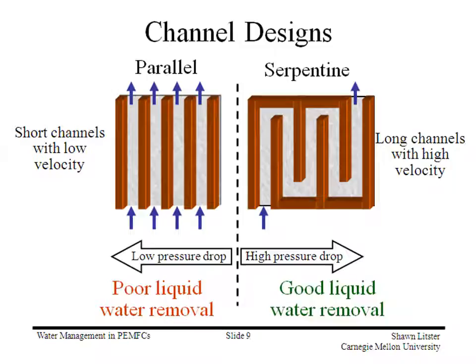In this design, that grayish color you can think of as your active area electrode, and these are your channels. When we normally say area, we're talking about the area that we're seeing here.